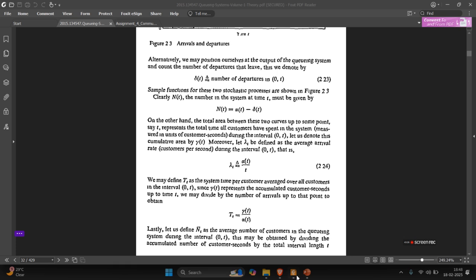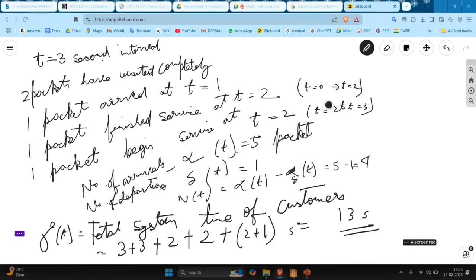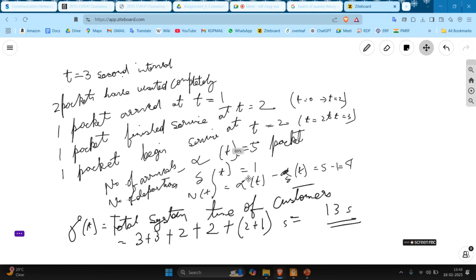Now, what is the average system time? So the total system time of all the customers is 13 seconds. And what is the number of customers? The number of customers is 4.